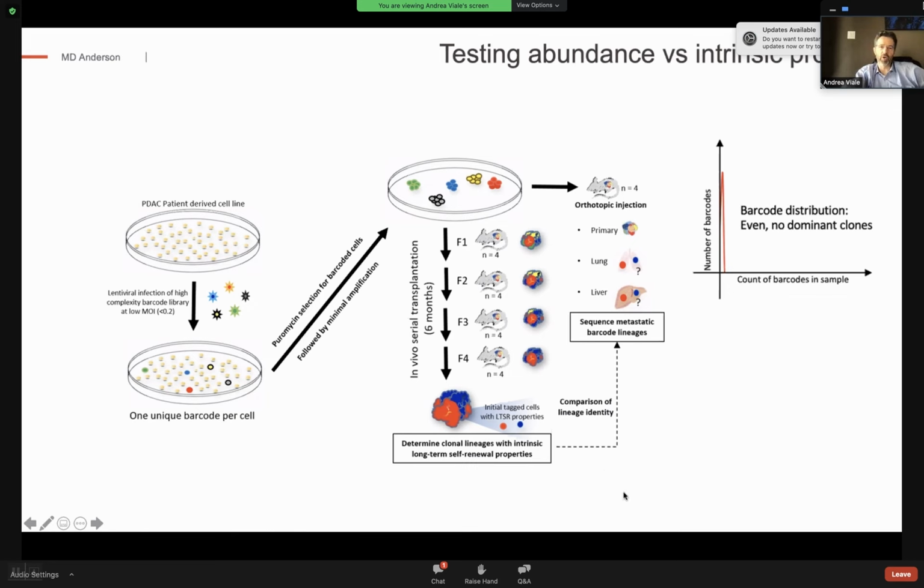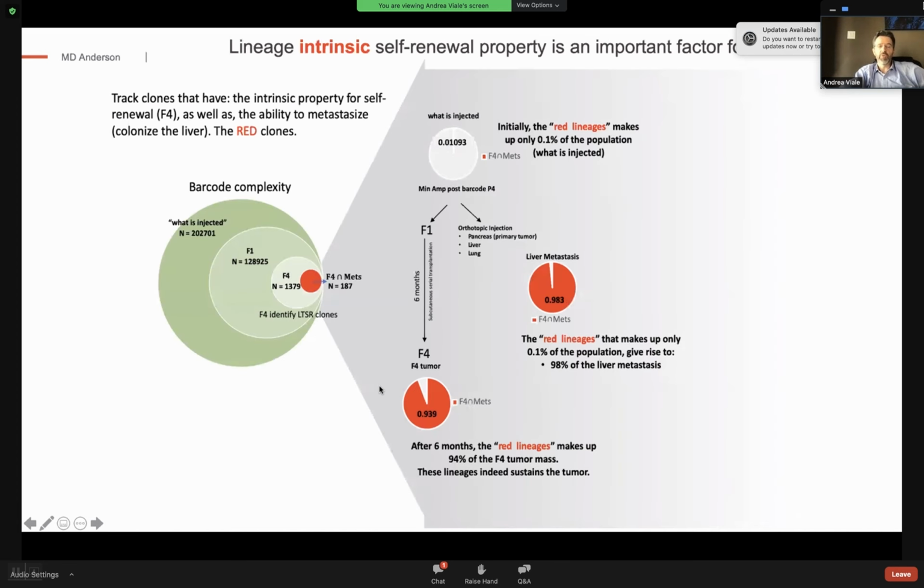Then they crossed the two data sets and compared the lineages. What they found is that they started from a very highly complex population of hundreds of thousands of barcodes. Over passages in vivo, there was a decrease in the number of cells able to sustain tumor growth.